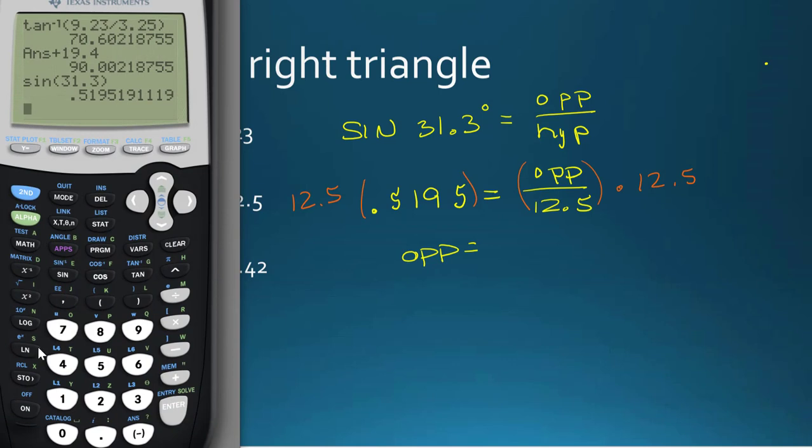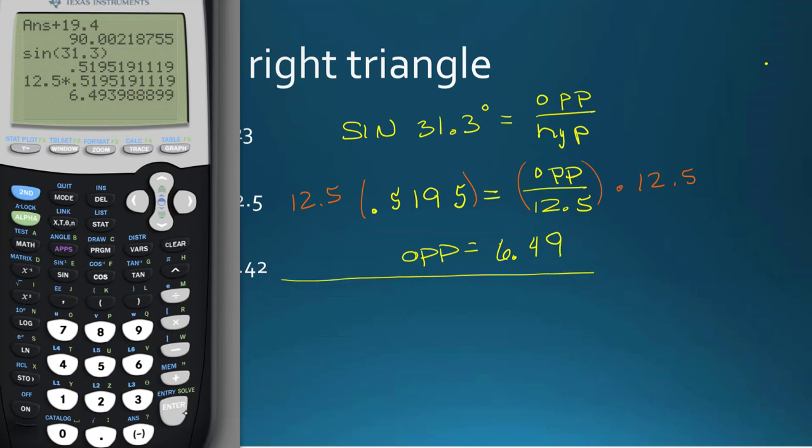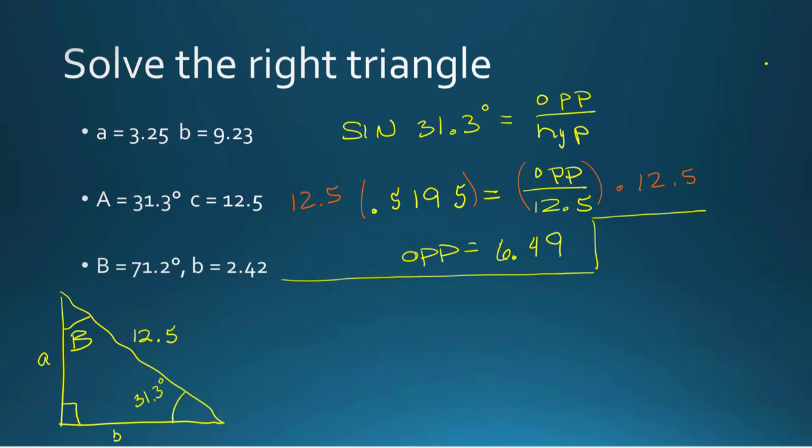So opposite is 12.5 times this thing, and 6.49. Beautiful. 6.49. Okay, so that's the opposite side. And in our case, I guess I should have called it A, is the opposite side.